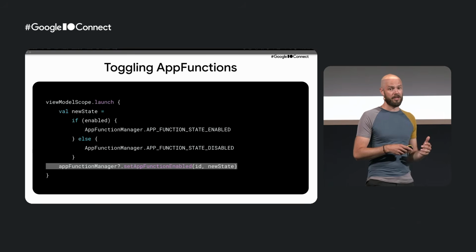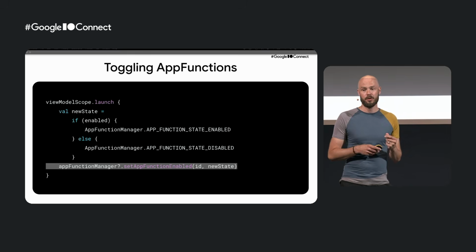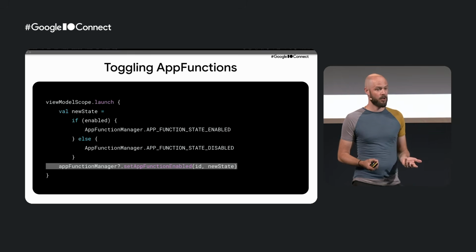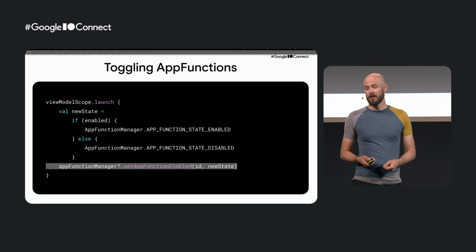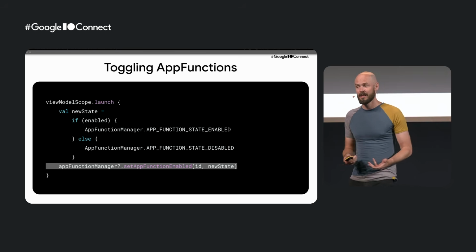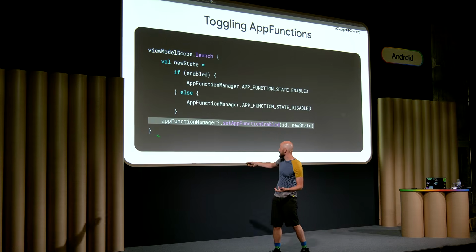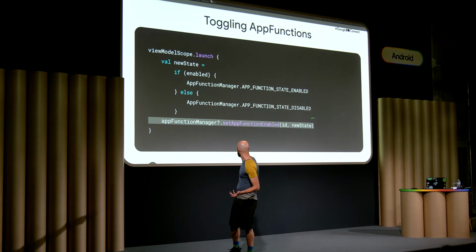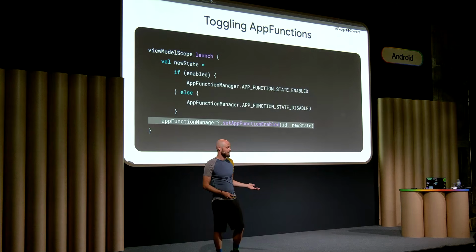And because we've been asked this a lot, I want to make sure that you understand that we also have the possibility to turn off app functions if you don't want to provide them to a specific user. So if your user is not logged in, you have the possibility to use the app function manager and just disable the app function. When they are logged in, you can enable it. Same for somebody that has subscribed.